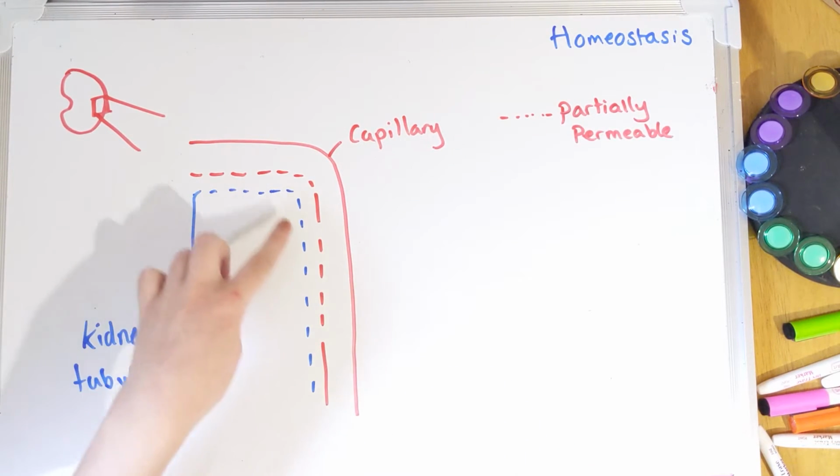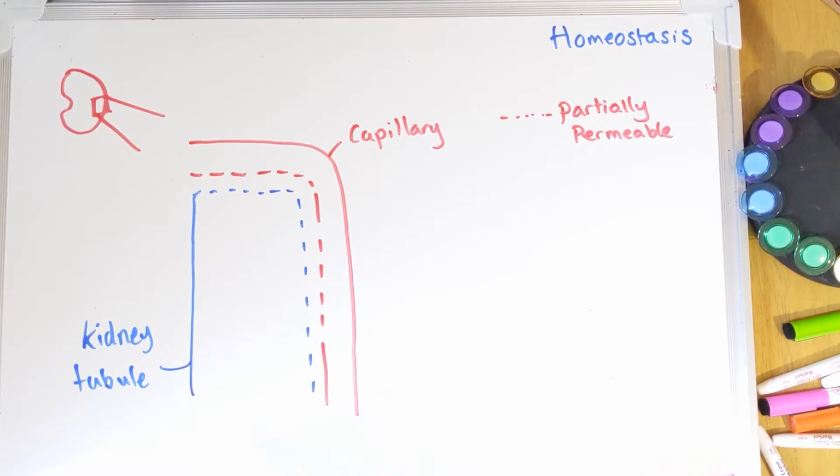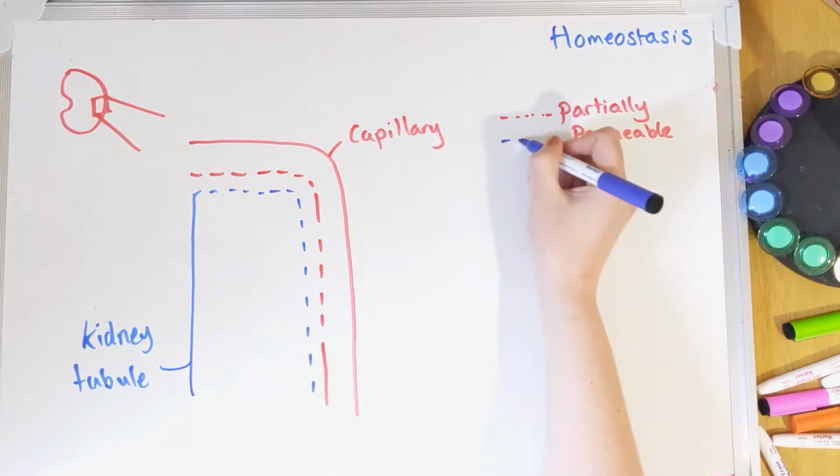And again, partially permeable membrane in there as well, hence the dotty line. The first thing that happens when this blood enters the kidney is the blood is carrying certain substances that we want. So we're going to colour code them just to make life easier.